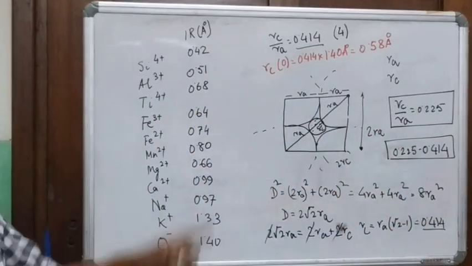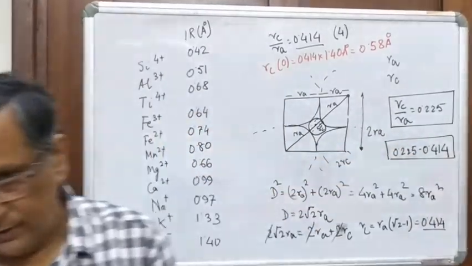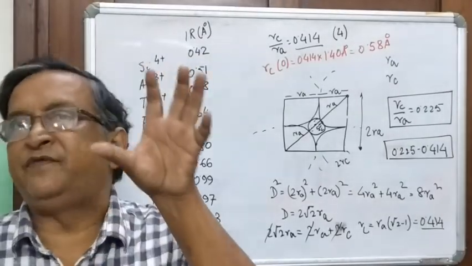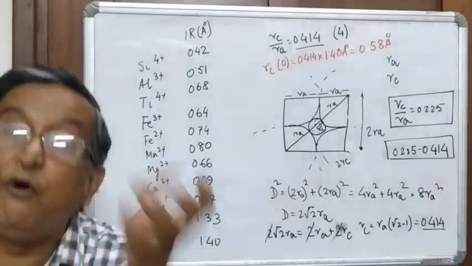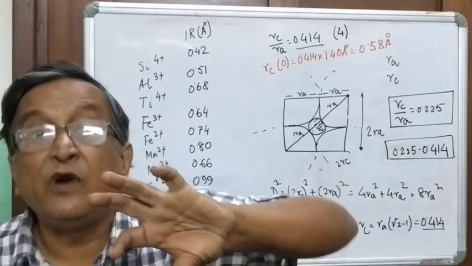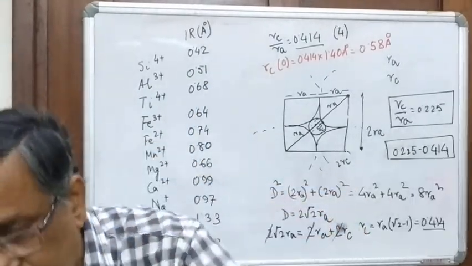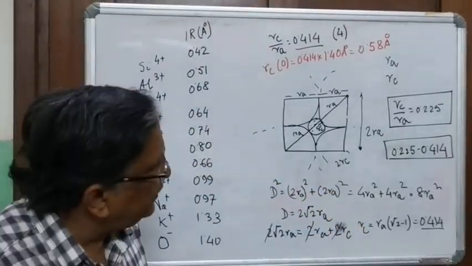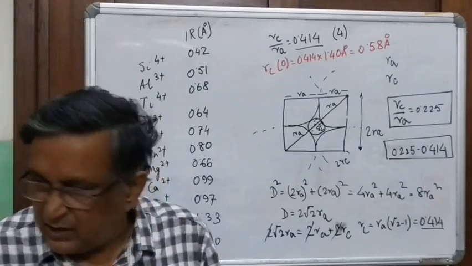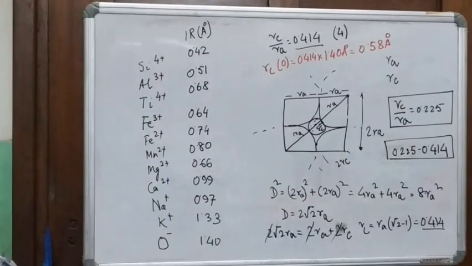That will be the range of the radius ratio, the range of the radius ratio for a 4-fold coordination for different packing geometries. Now you can see, I will try and get you the value.